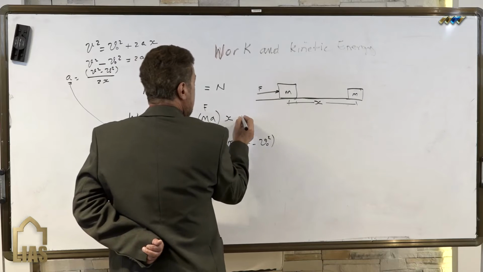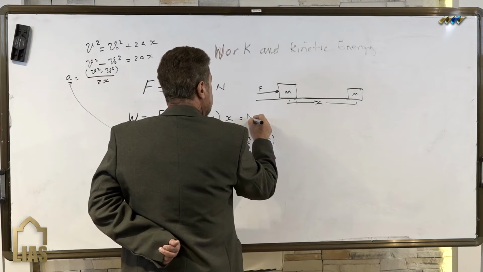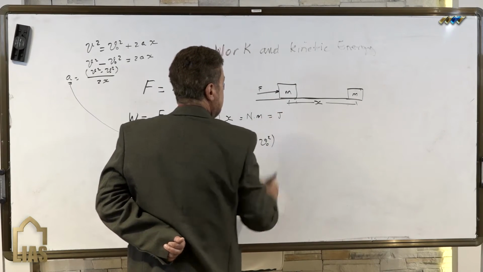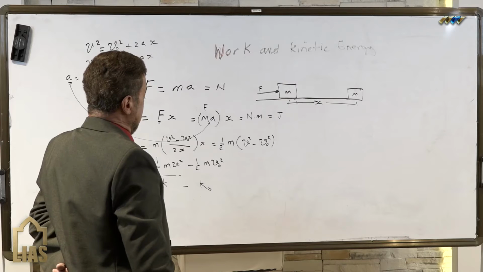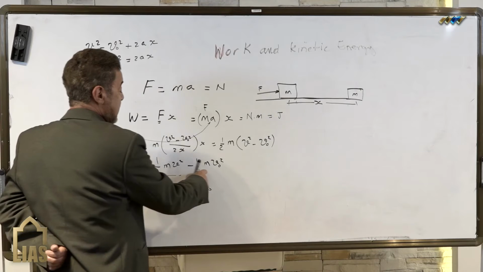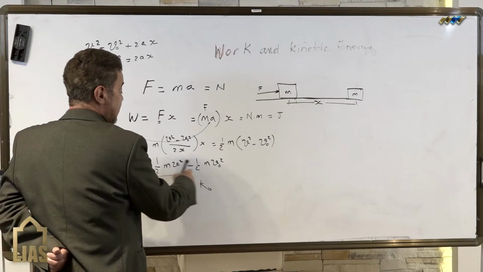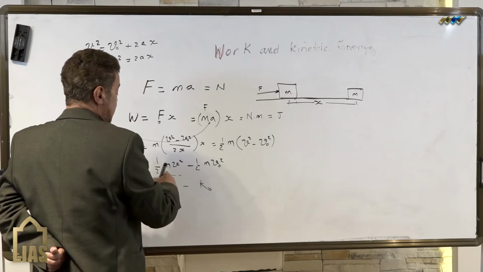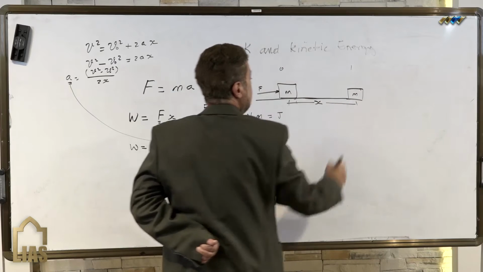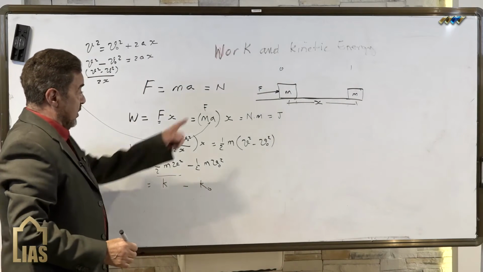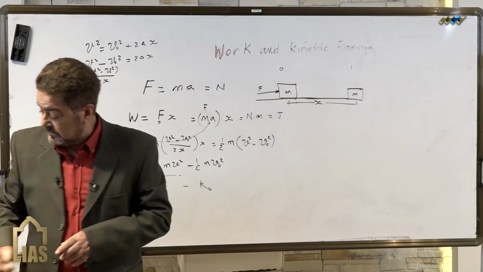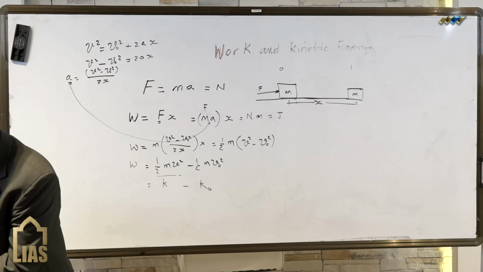And this unit, newton meter, is called the joule. Now we came to the energy: the difference in the kinetic energy from this place, which is 0, to this place, which is 1, or the final. This is what the work is.